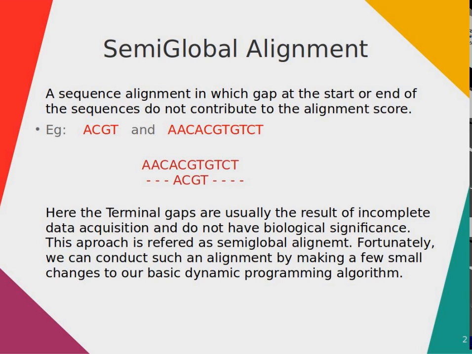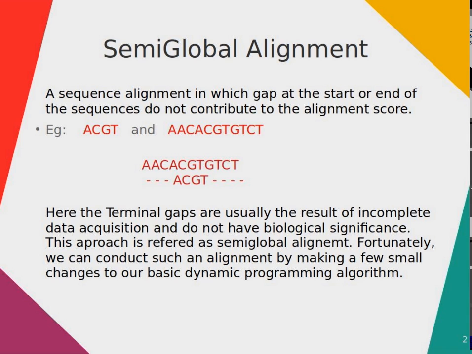When searching for the best alignment between a short sequence and an entire genome, we might wish to avoid penalizing for gaps that appear at one or both ends of the sequence.